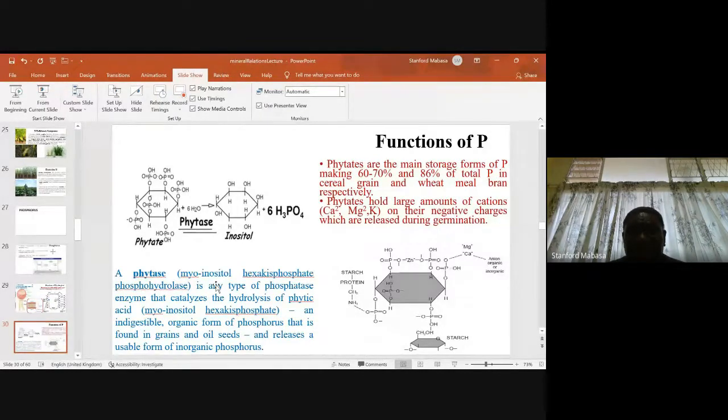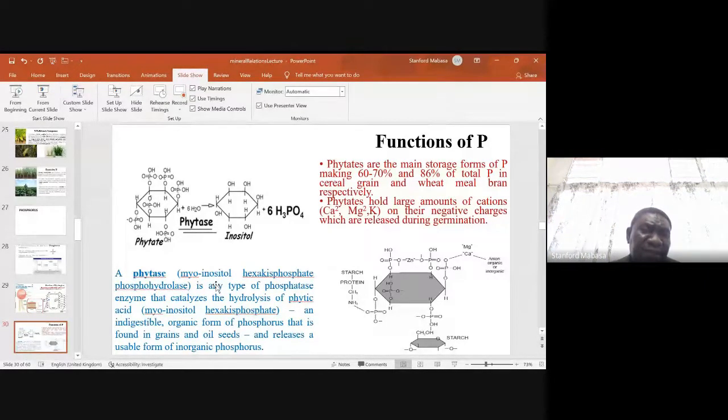Now we have what are known as phytates. These actually are storage forms of phosphorus. And if the plants need phosphorus, they may have to use the phytase enzyme so that phosphates can be released.